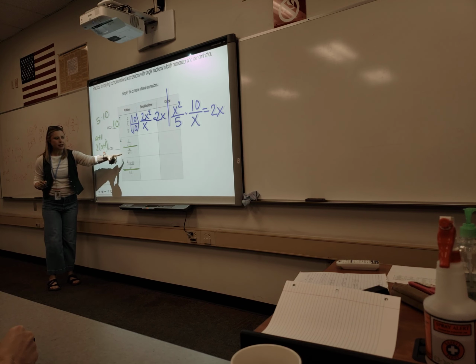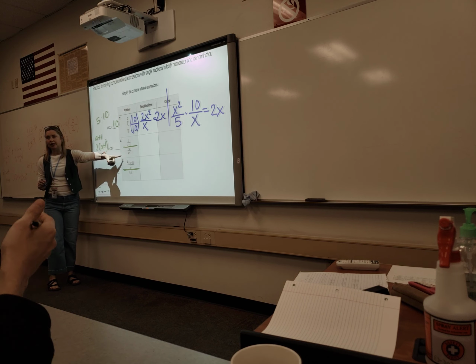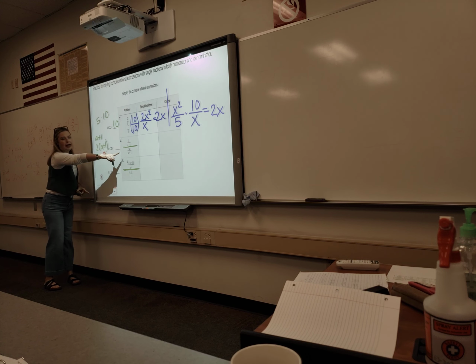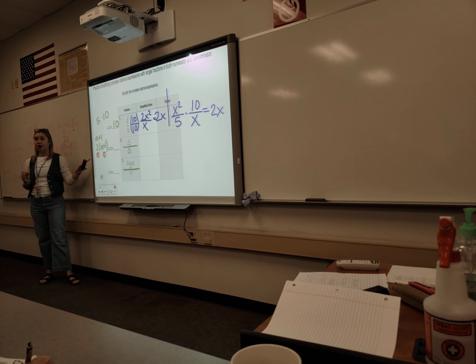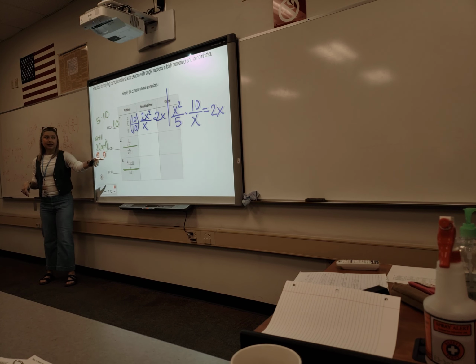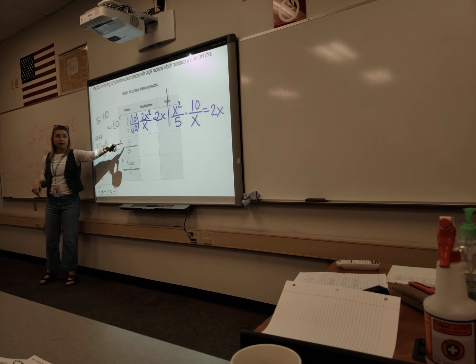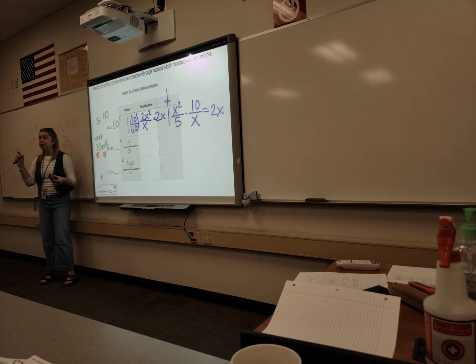And I'm also looking to cover the 2 that comes out of this guy. The factors of this denominator are 2 and a plus 1. So I have 2 factors involved for the whole problem. And I need both of those together to make the LCD. And the reason is because I want to cancel out both of these denominators. So I need both of those denominators to divide into the LCD evenly.